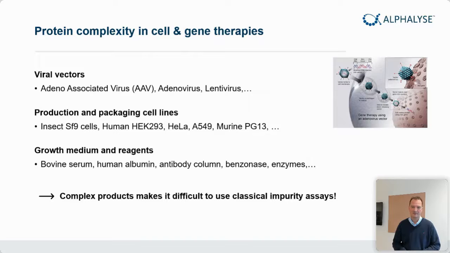So this makes these complex products very difficult to measure with classical protein analysis methods and classical impurity assays. For example, ELISA is only developed, as you know, for one species of protein. It cannot measure all across different species.